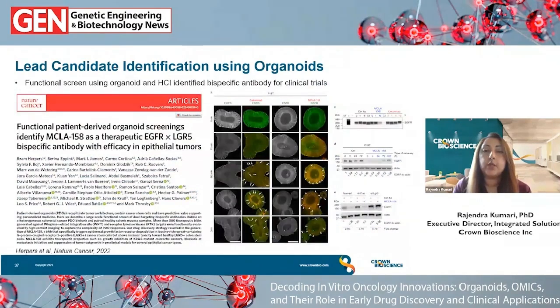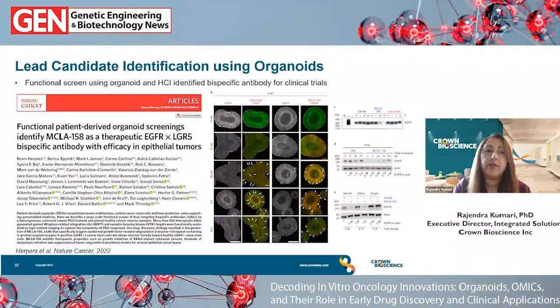And again, this study was published in Nature Cancer last year, and we were able to demonstrate the value of high content imaging with organoids for an unbiased functional testing, which ultimately led to a lead agent or lead candidate moving into clinical trials.